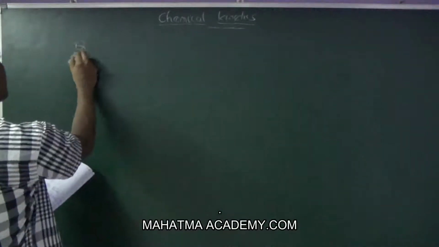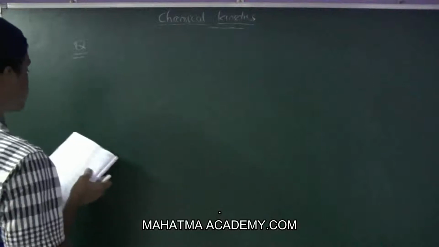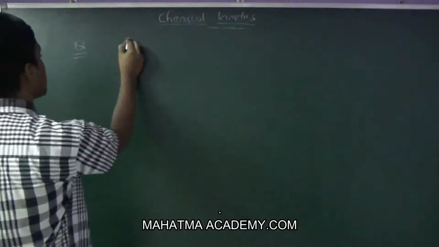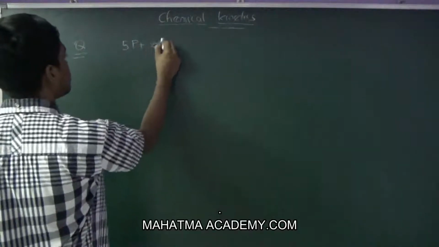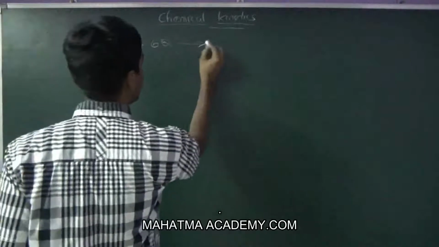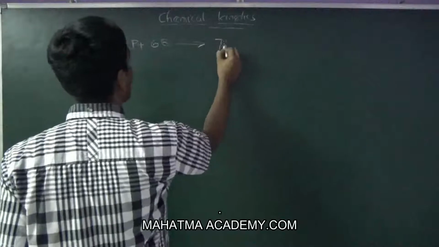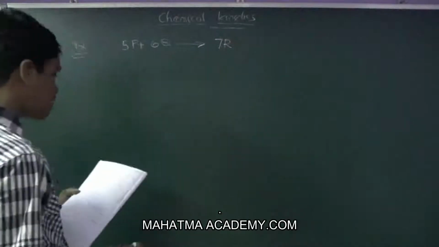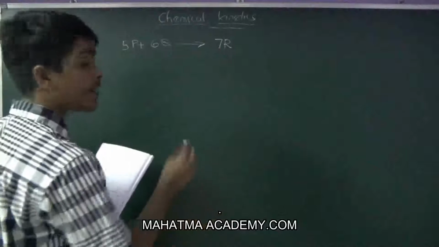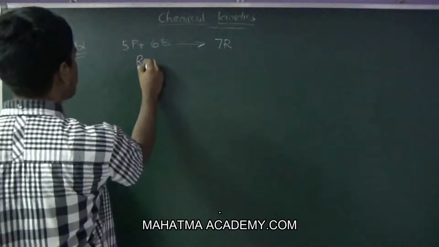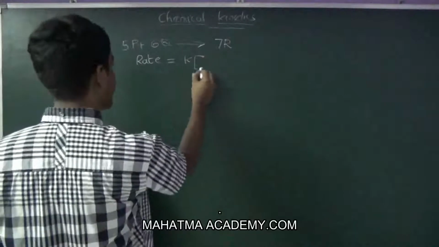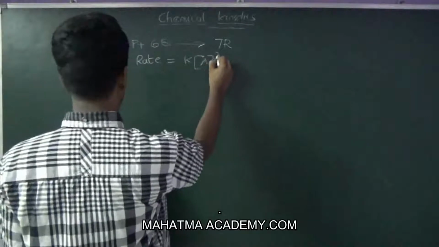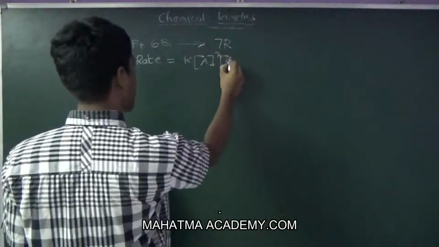Question says that 5P plus 6Q gives rise to 7R, and the rate law is given as rate is equal to k into A to the power of x and B to the power of y.